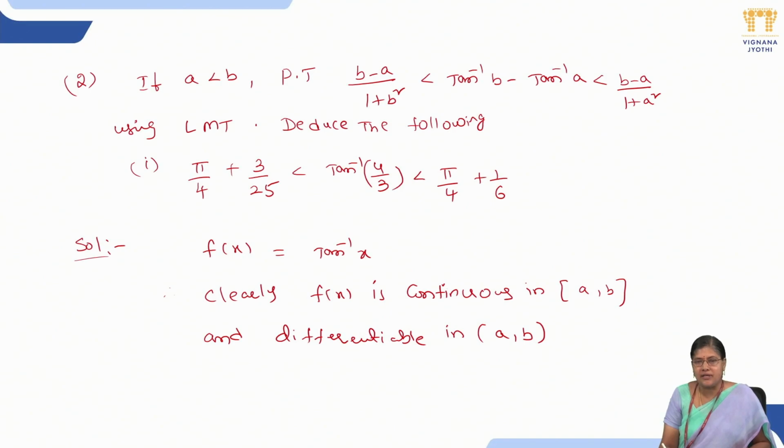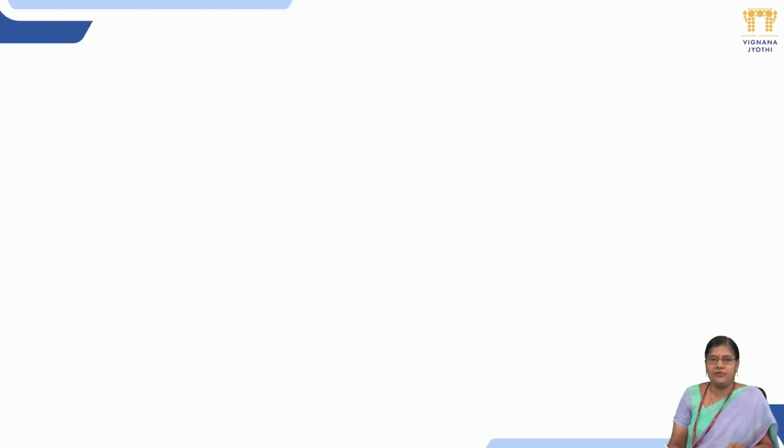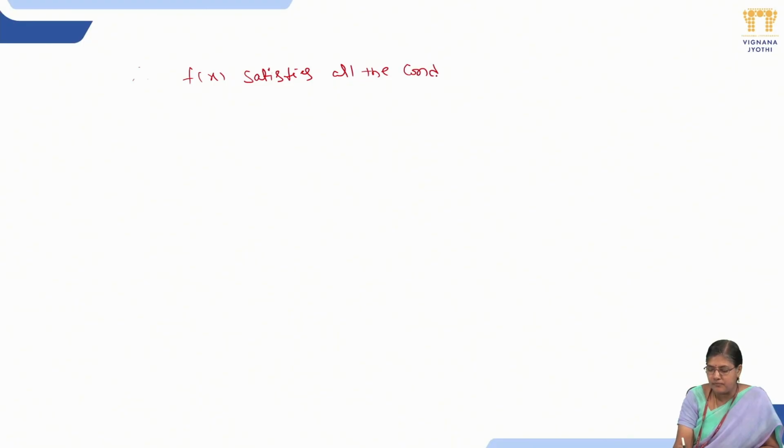Here f of x is a continuous function in the given interval and f of x is a differentiable function in the given interval. Therefore, f of x satisfies all the conditions of Lagrange's mean value theorem.